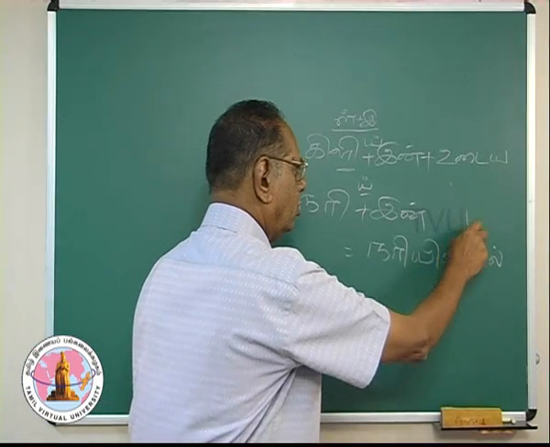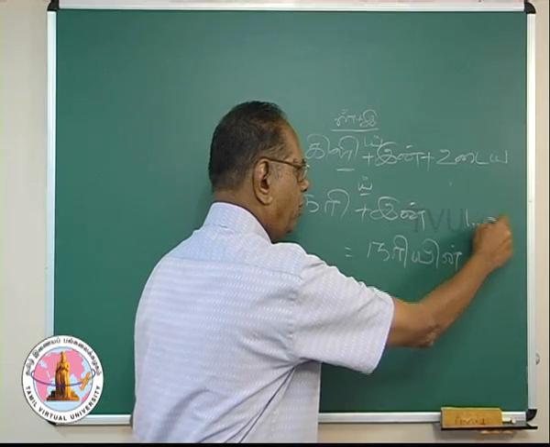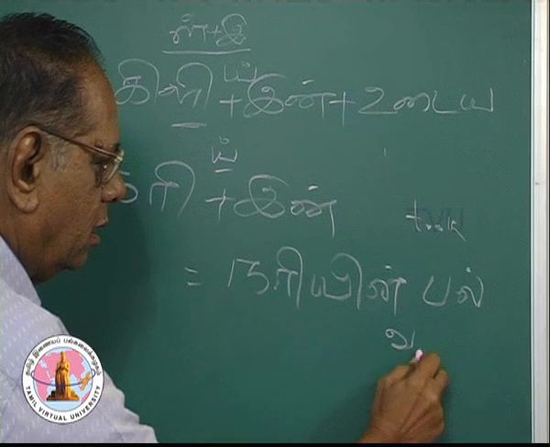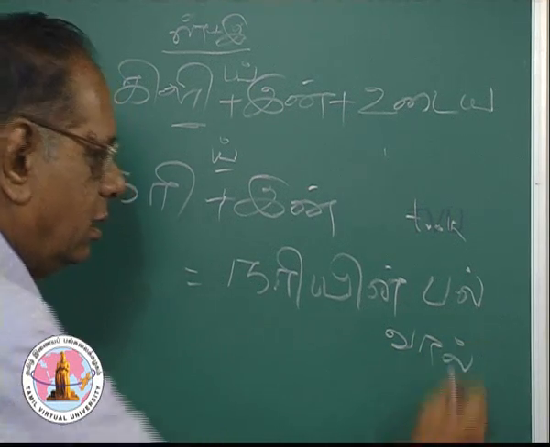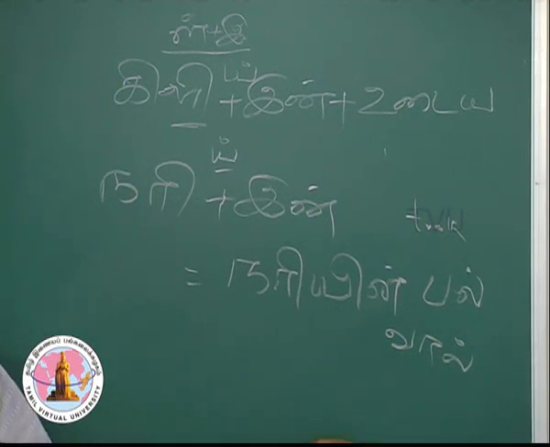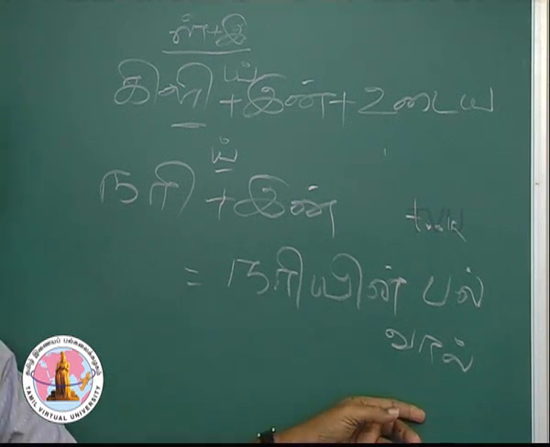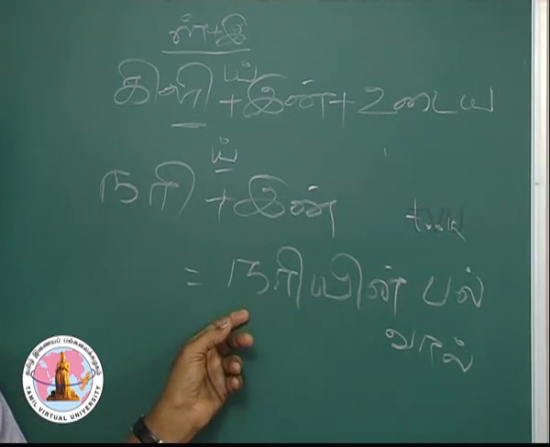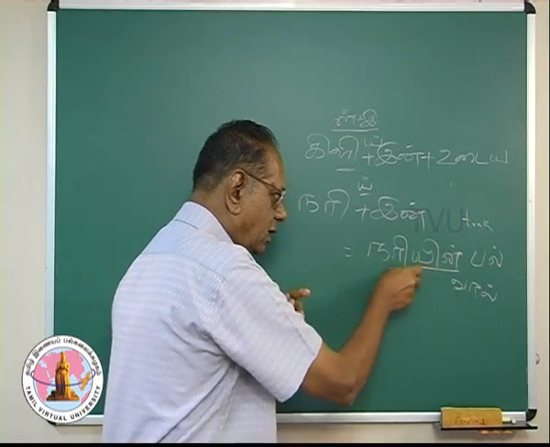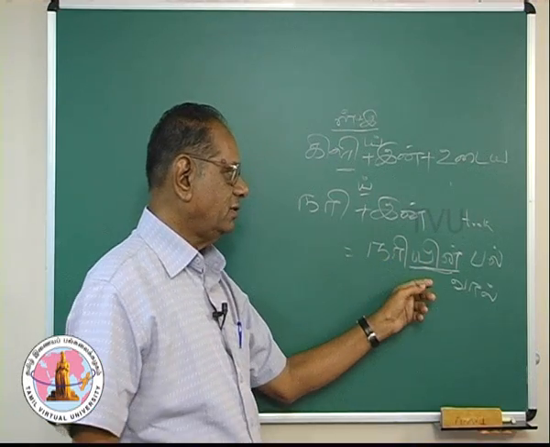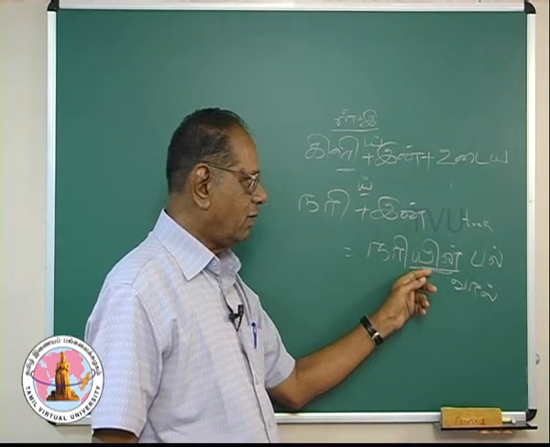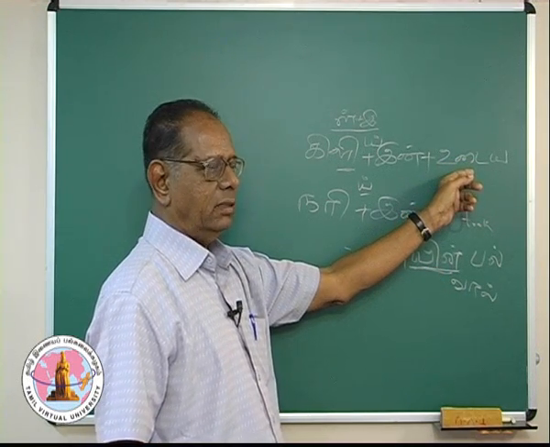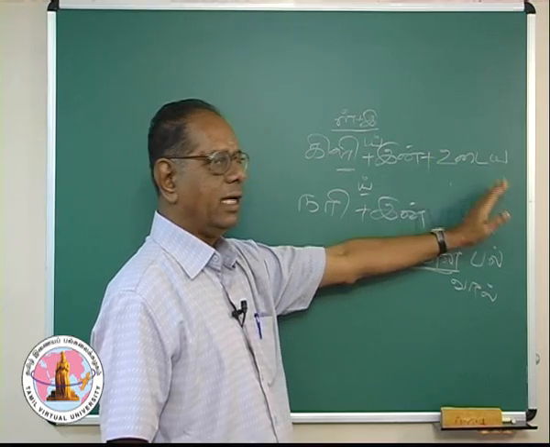Pal, we learnt it long back, a tooth, or Nariyin wall, tail. Nariyin of the jackal. So, the suffix in itself serves the purpose of the genitive case. That is why we leave out the case marker.